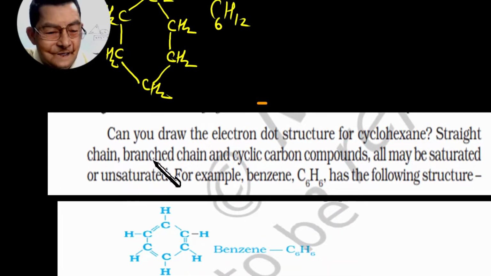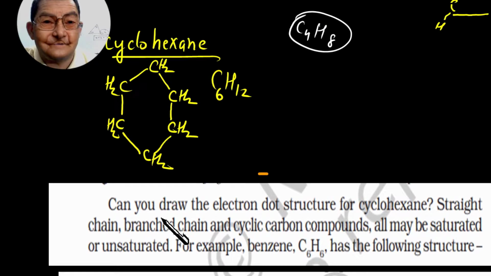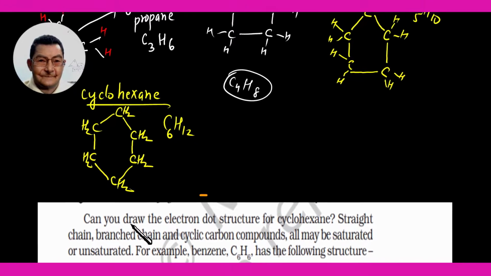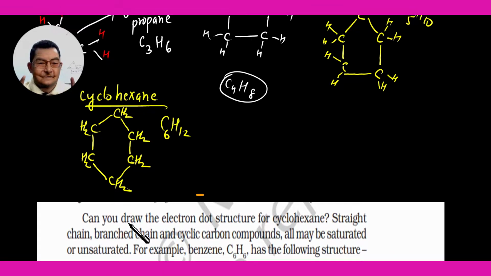Straight chain, branched chain, and cyclic carbon compounds all may be saturated or unsaturated. So now more complexity is coming. You've got straight chains, which could have single bond, double bond, triple bond, so many compounds. Then they could have branches, which will also have single bond, double bond, and triple bond.